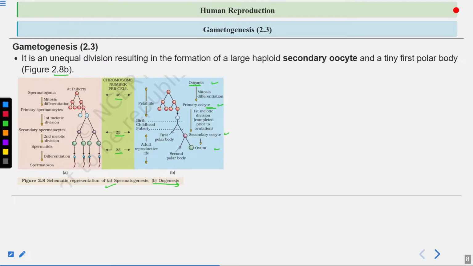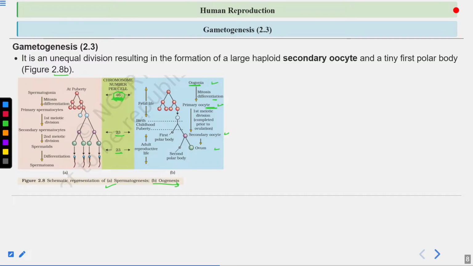So oogonia are diploid cells. They will have 46 chromosomes. Remember, meiosis always occurs in diploid cells. So oogonia consist of diploid cells. Then some of the oogonia differentiate into primary oocytes. This primary oocyte will also be diploid, meaning it will contain 46 chromosomes.